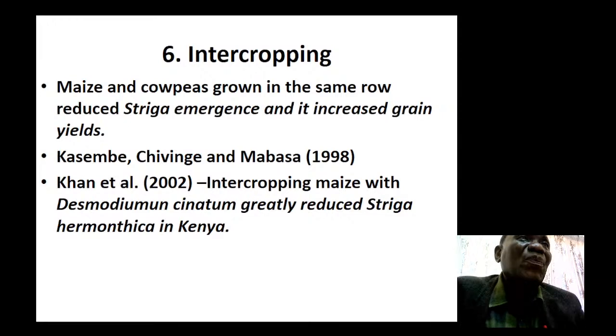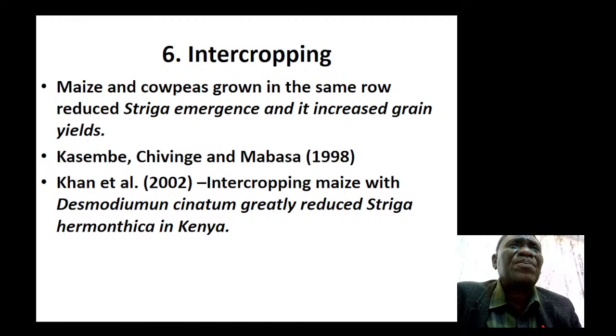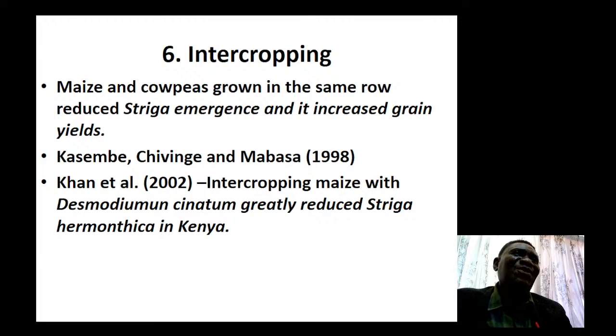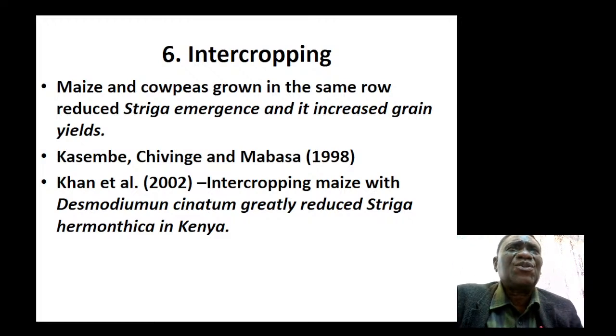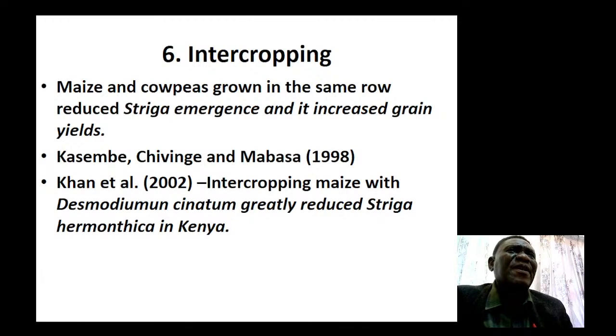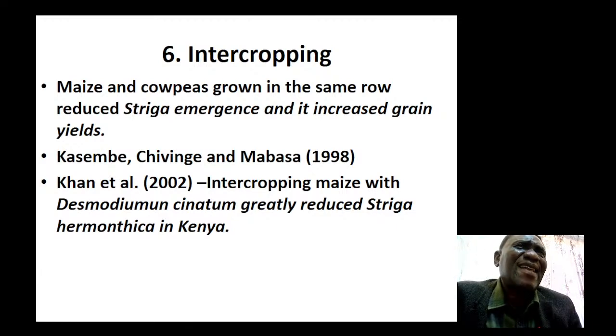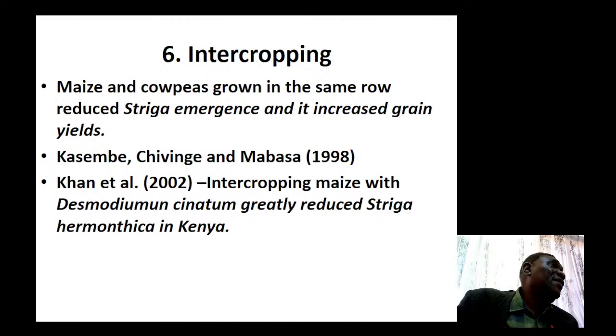Intercropping. We can intercrop maize and cowpeas, which can be grown in the same field to reduce Striga emergence, and this can increase grain yields. There's an MPhil student, Kasembe, who did an experiment as far back as 1998.